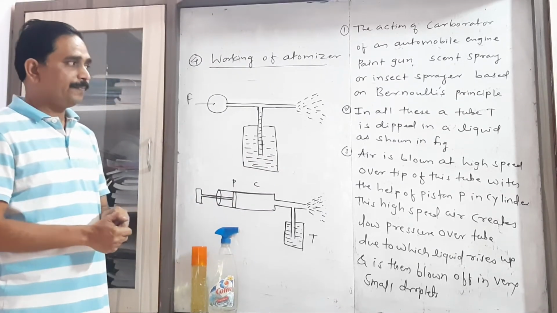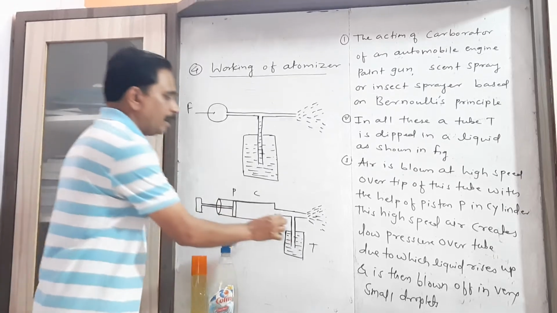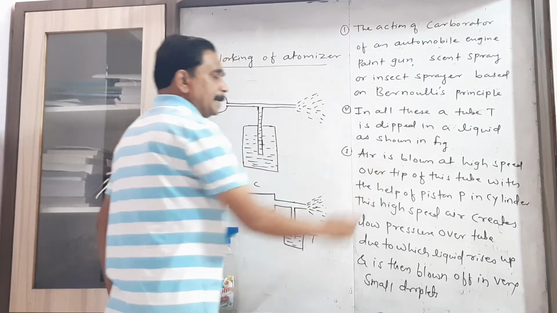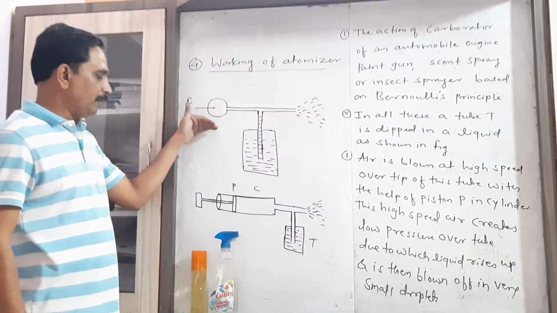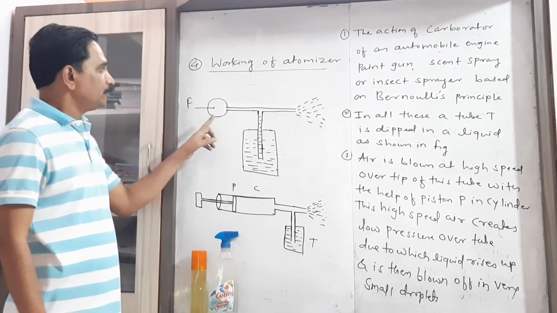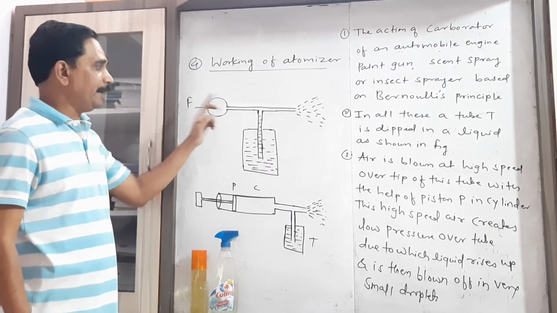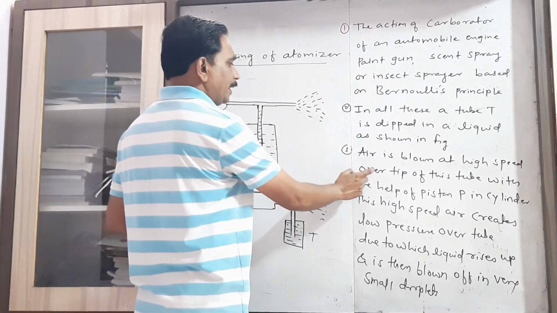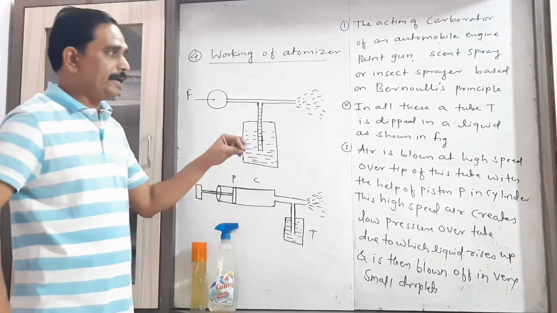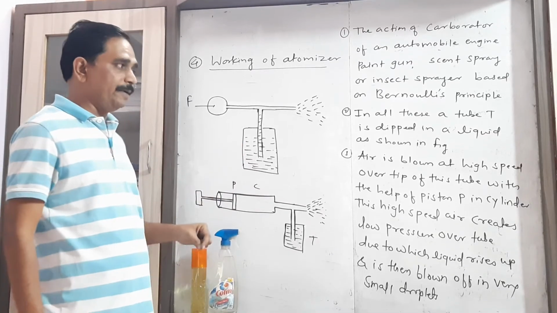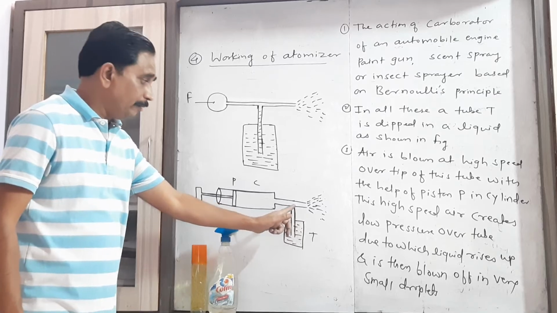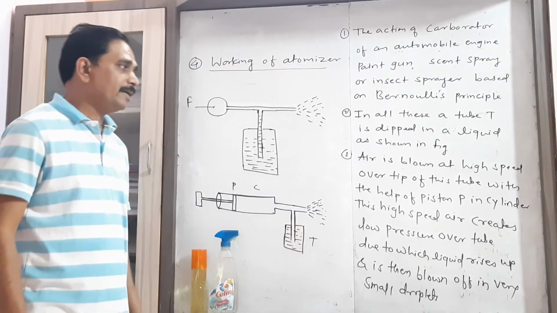In that tube there is another smaller tube, where the air is blown at that particular part. So here this is the part from where the air blows. Air is blown at a high speed over the tip of that tube which is filled in a liquid.